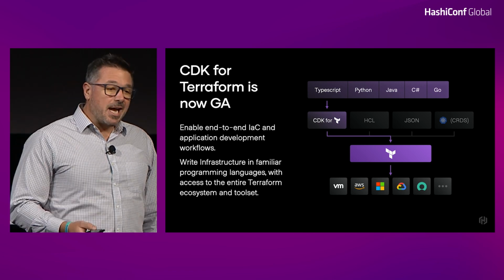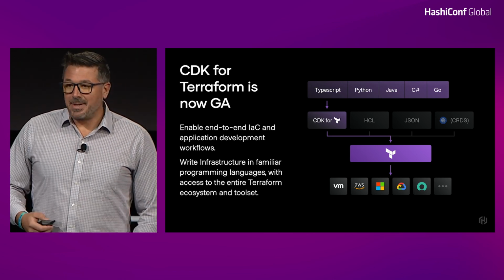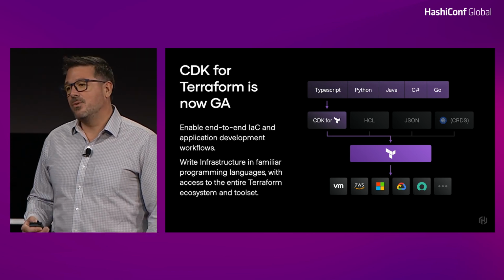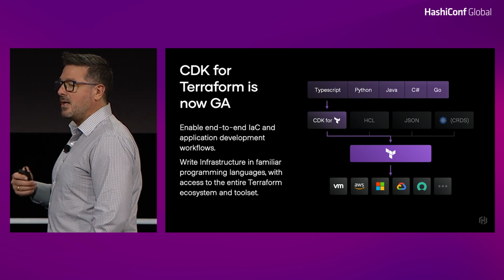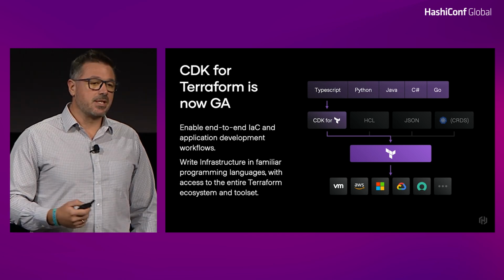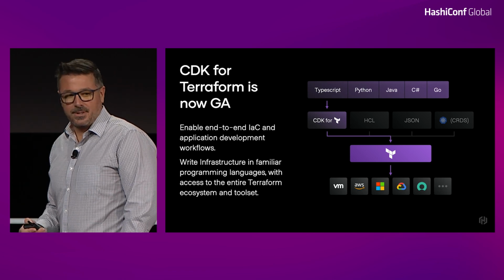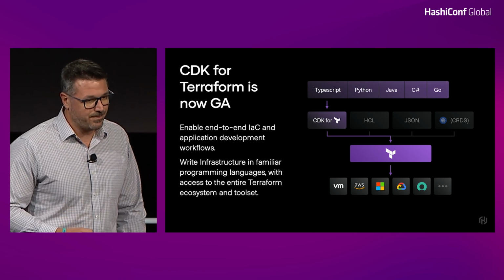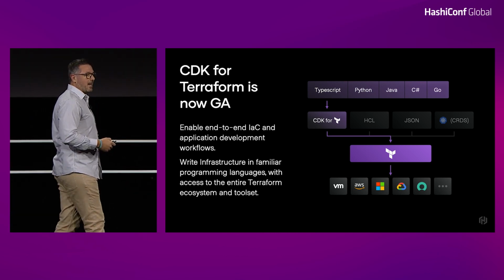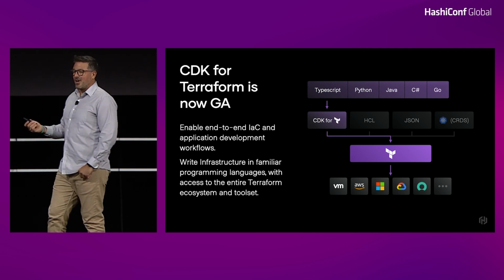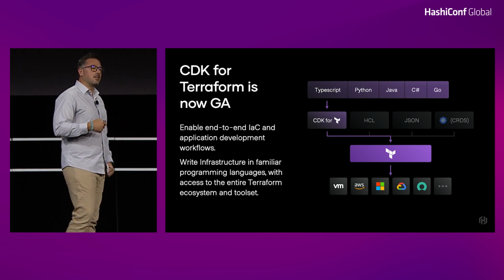The fact that it's GA now means that we are supporting it in production. It's production ready, and we're ready to support you as you embrace it and as you jump in for those use cases that involve any of these programming languages like TypeScript, Python, Java, C#, and others. Right? So I encourage you to try it out, encourage you to put it in production, and let us know how it goes. We'll continue to invest in this and continue to make it better and better.